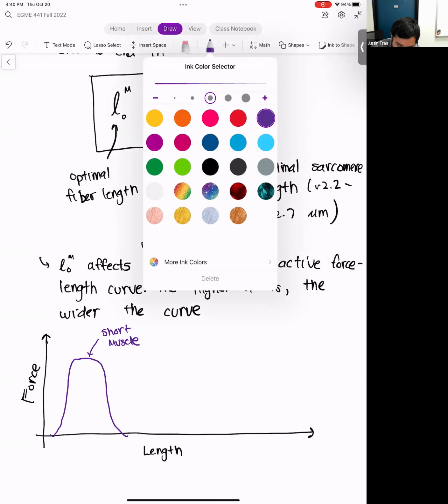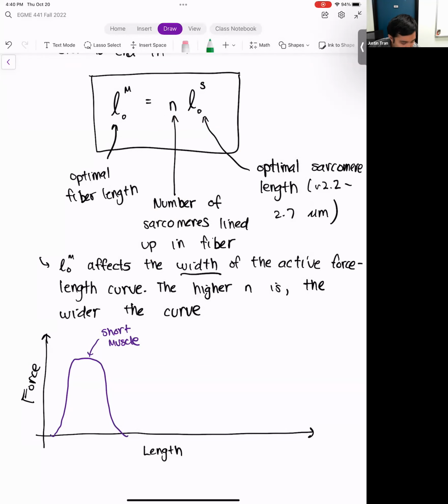Whereas if you have a longer muscle, a muscle that's very, very long, so something like one of your back muscles, the active force length curve might be like this. So you have a long muscle.